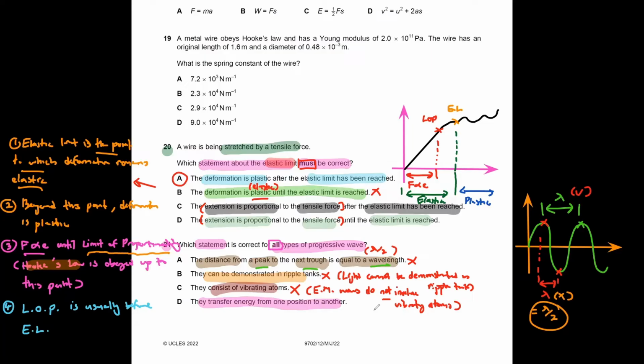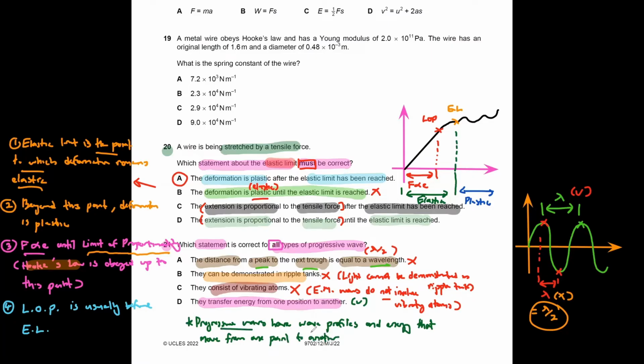This is correct, because what you learn is that progressive waves have wave profiles that move, and energy that moves from one point to another.